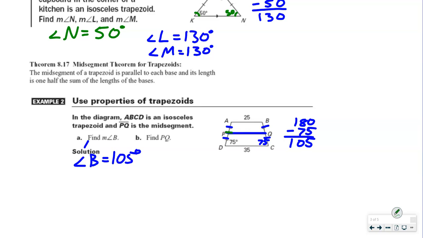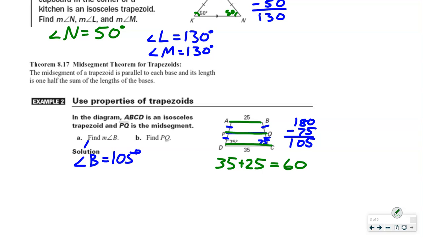Angle B is 105, and then I need to find the measure of PQ. PQ is our mid-segment. I know what my bases are. I have a base of 25, a base of 35. I need to add those together and divide by 2, because PQ, our mid-segment, is 1/2 the sum of the lengths of the bases. So the sum means I need to add. So 35 plus 25 gives me 60.